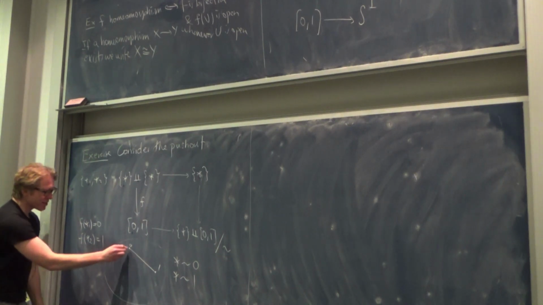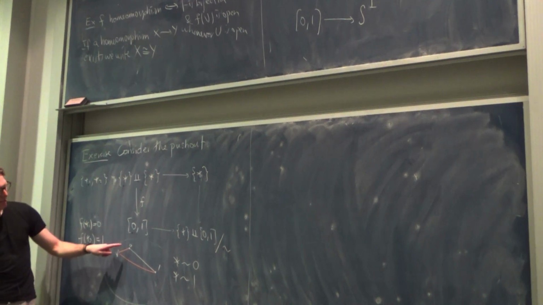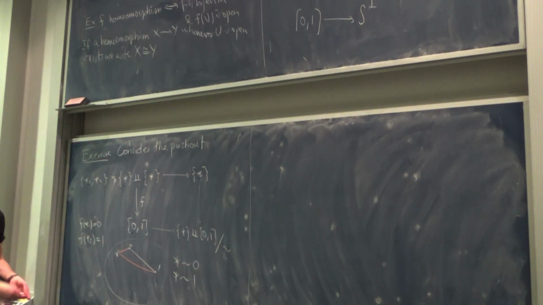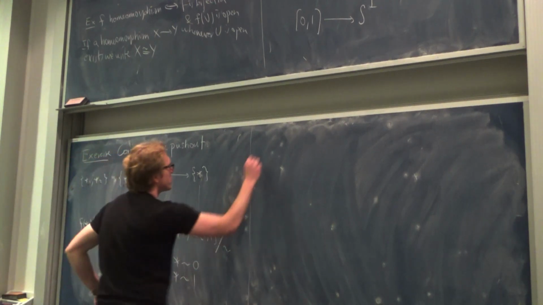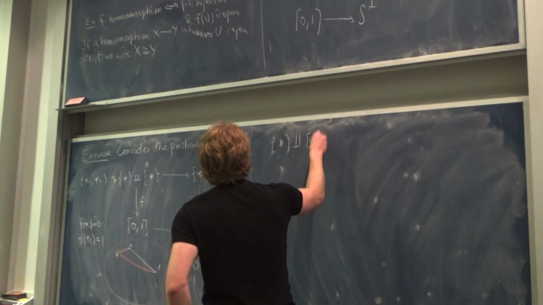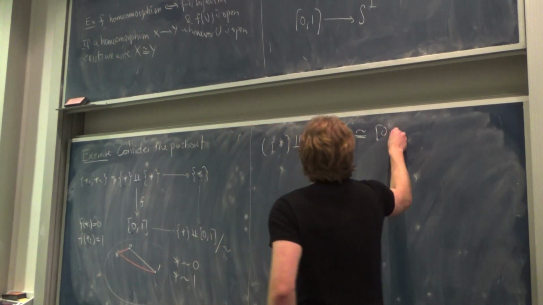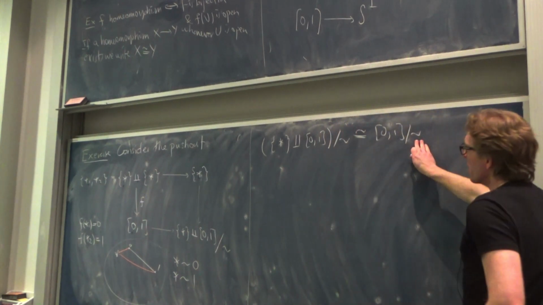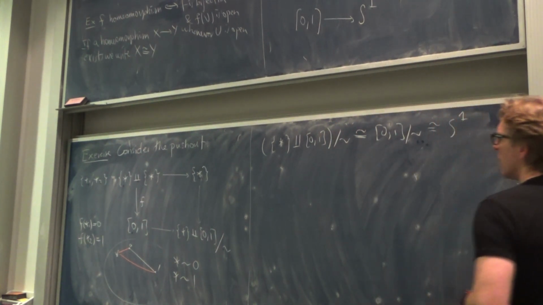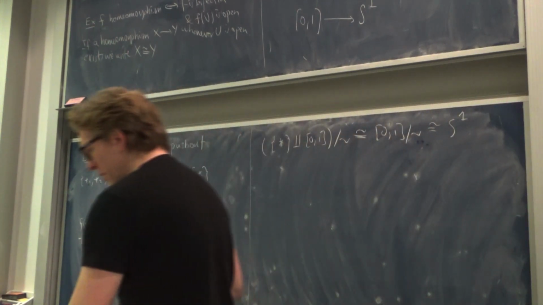And then I identified star both with 0 and with 1, but in particular 0 was identified with 1. So this is just, again, the same space. So there's a homeomorphism. Well, this is the equivalence relation from the previous example, and again, that's S1. Okay, so those were two ways of constructing the same space.